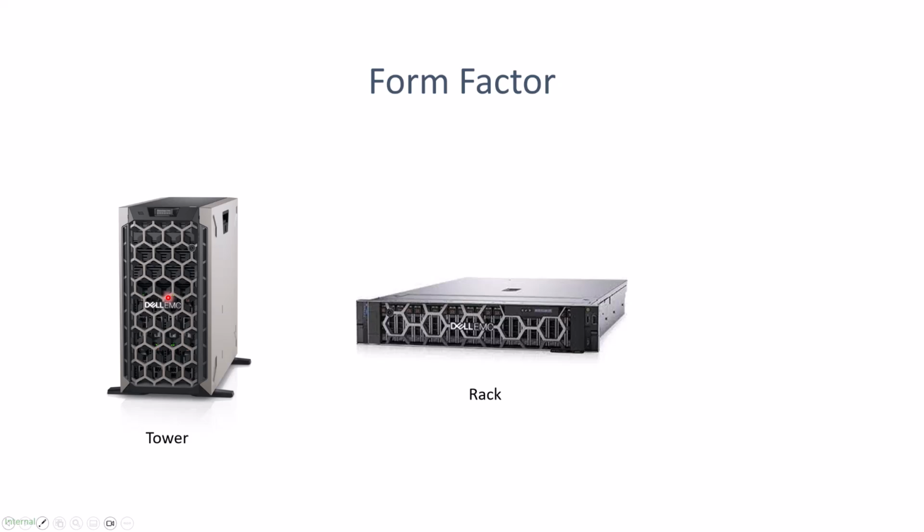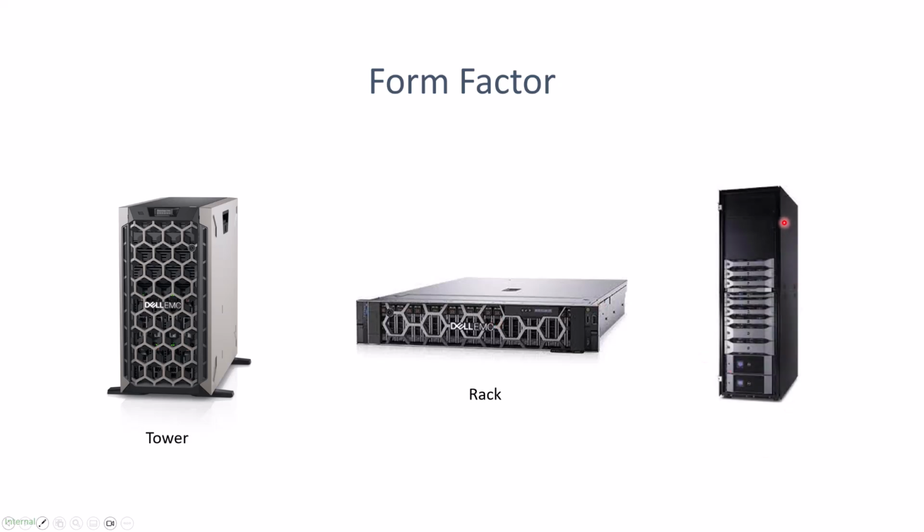You can have the same cores, the same amount of memory, and the same storage in here as you do in here, but it's just basically in a different shape, in a different form factor. But this rack server form factor means we can put it into, surprise, surprise, a rack. So a rack is like an electronic cupboard, if you like.